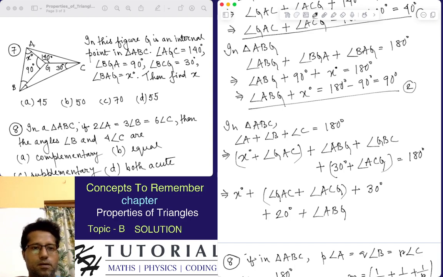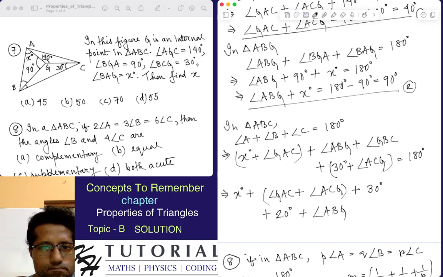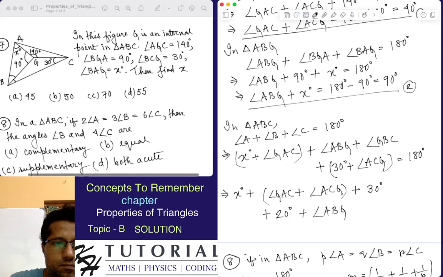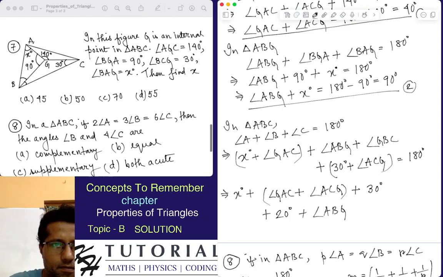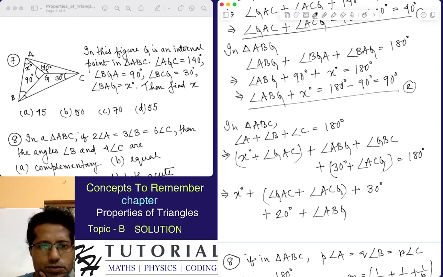30 degrees and X degrees. GAC plus ACG is obviously 40 degrees. No information is given. Maybe I am missing some point. Maybe it is given that AG is equal to GC.